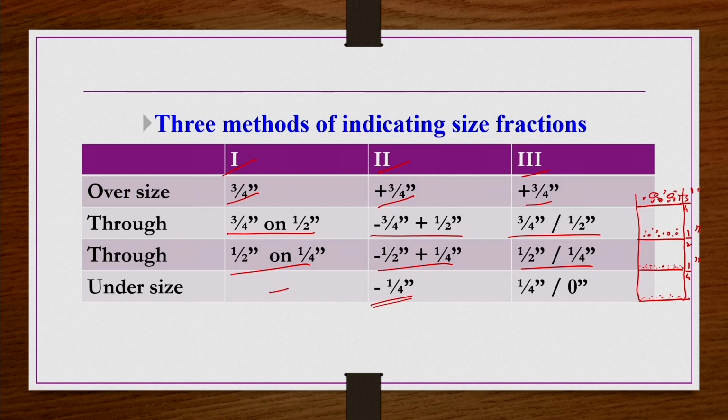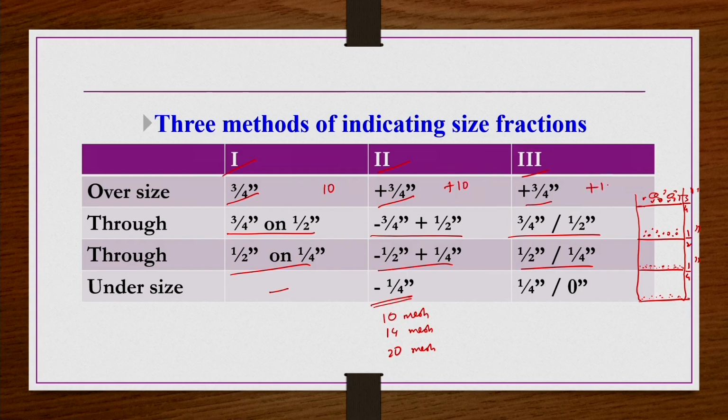The similar way of representation you can do using the mesh number as well. Let us say you have a 10 mesh, 14 mesh and then 20 mesh in place of inches. Then you can write here in the first case simply 10, this should be plus 10.